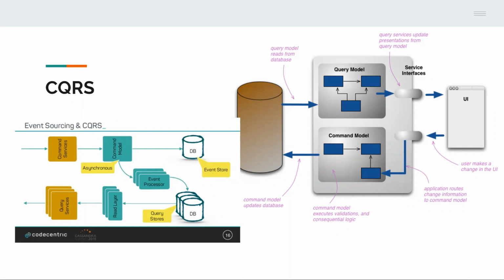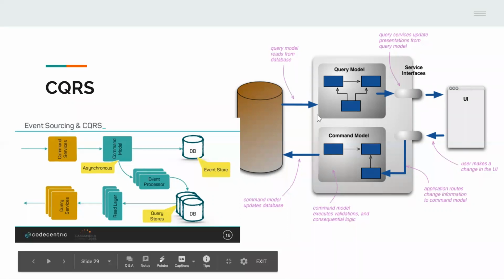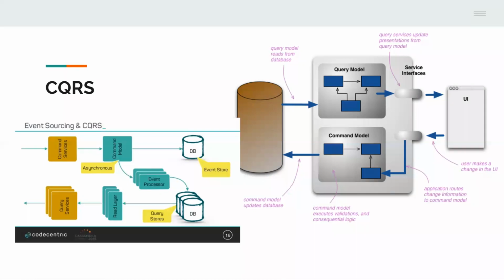So if you have a way of segregating all of your inserts, updates, and deletes, and you have a separate area of the application that is doing reads, you can optimize a data center for reads, and you can optimize a data center for writes. They're talking to the same table. Now, sometimes people use this architecture to write data to an index simultaneously, like a search index, like Solr or Elasticsearch, while they also write it to Cassandra.